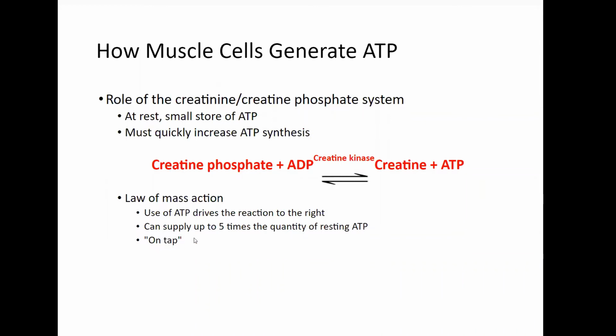So we think of this energy as being on tap, because after your cell starts producing ATP through its normal metabolic processes, so once you have plenty of ATP again, this process stops because it goes back to equilibrium. It pushes this law of mass action in the opposite direction. So this is like our quick way to get ATP when we're suddenly running out of it.